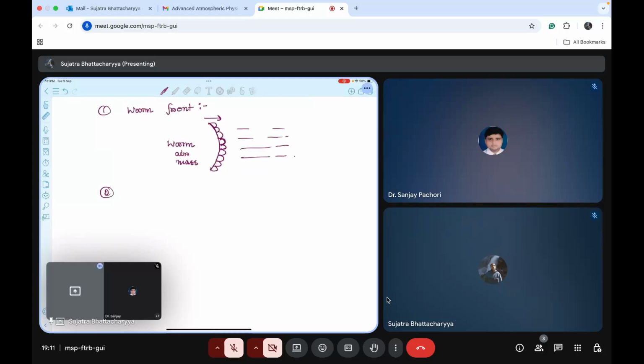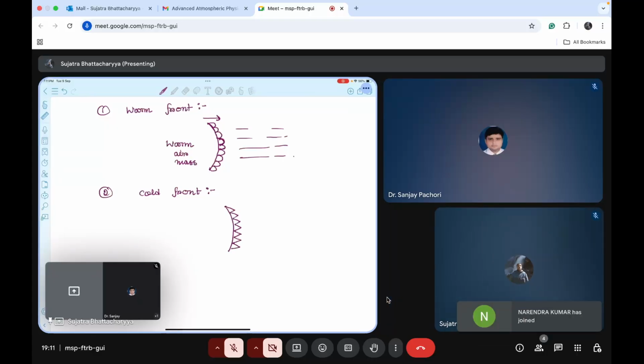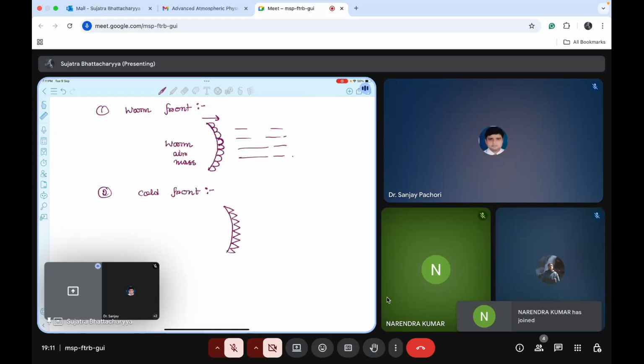Similarly, second is the cold front. So how does it look like? Something like this, but instead of semicircles, we draw triangles. These are the cold fronts. Again, direction is this. If I make the cold front's direction like this, the front is moving in this direction, but the cold air mass is just behind that.